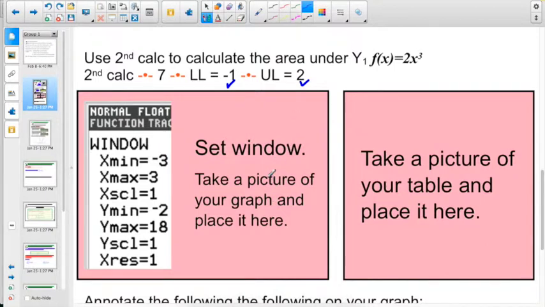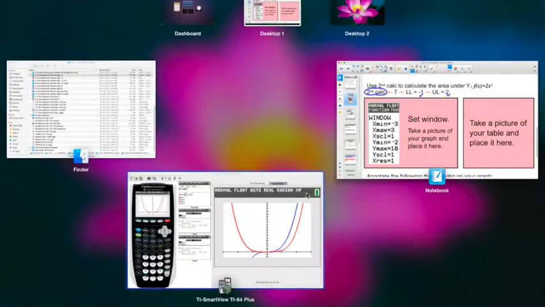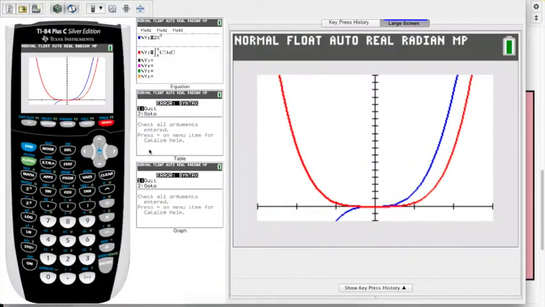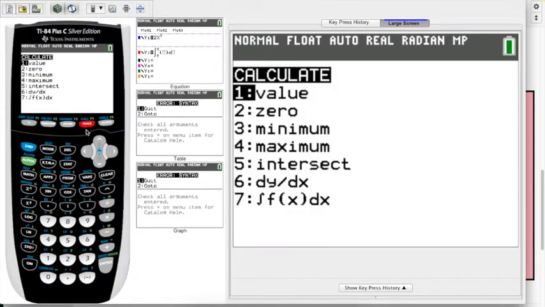And we're going to do that right in our graphing function using our second calc. So we're going to go to second key and calc, which is basically your trace key. And we're going to do an integral, so option 7.